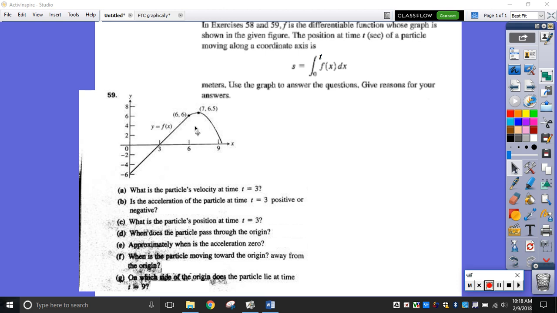And so graphically, we are looking for the point where your total negative area and your total positive area are equivalent, so that when you combine them, you get 0. And that happens at x equals 6 right here, because if you think about it, this triangle and this triangle, they have equivalent areas, one is negative, one is positive. So if I total that up, my result would be 0, making the position 0. So when does it pass through the origin? At 6 seconds.